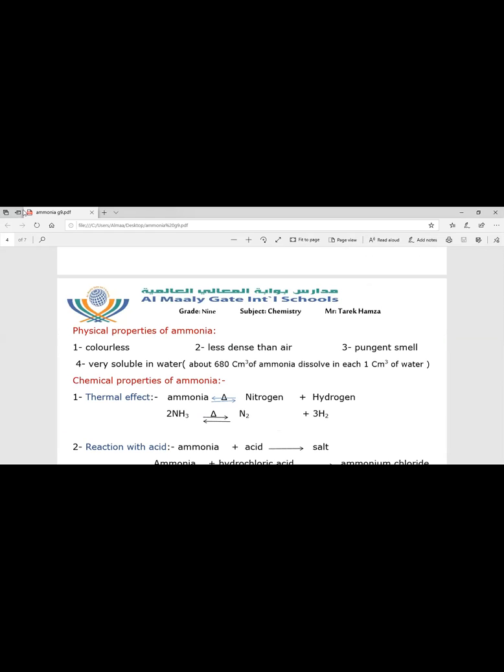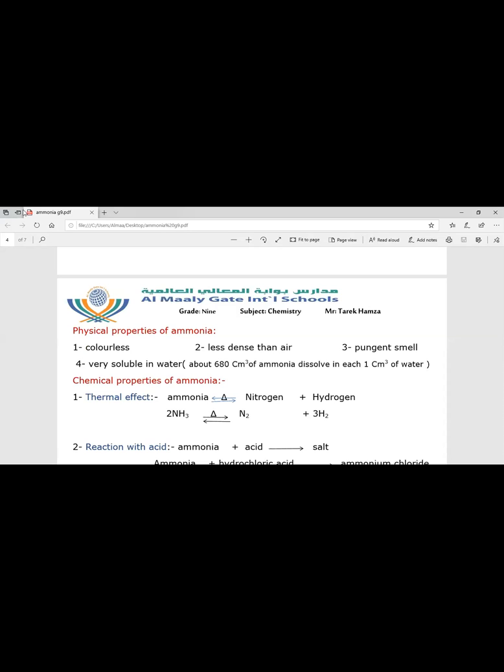Physical properties of ammonia. Number one, ammonia is colorless. Number two, ammonia is less dense than air. Number three, ammonia has a pungent smell.